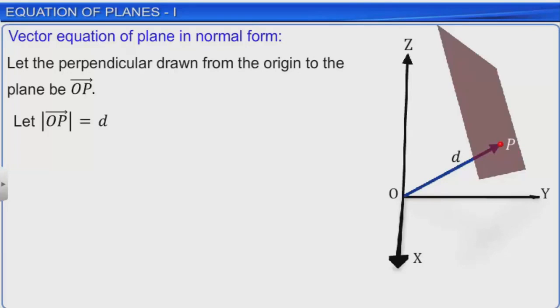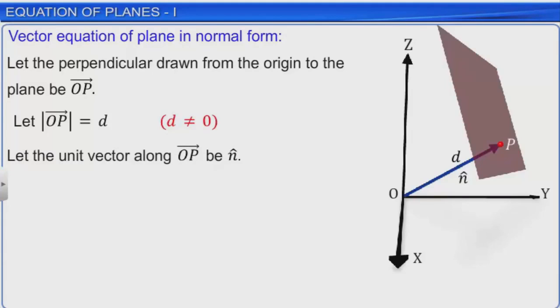Note that here, the value of d cannot be 0. That is, the plane does not pass through the origin. Let the unit vector in the direction of vector OP be vector n. Thus, vector OP is equal to length d multiplied by unit vector n. Let this be equation 1.